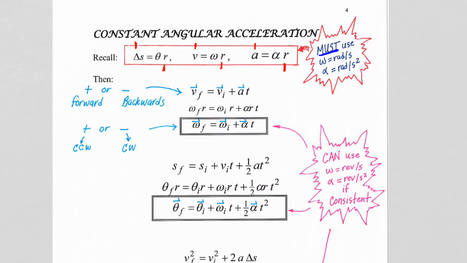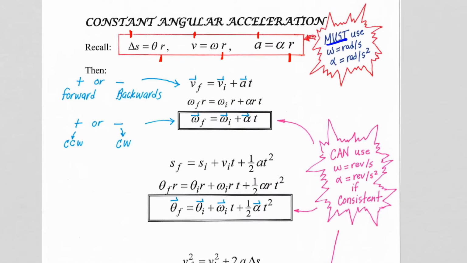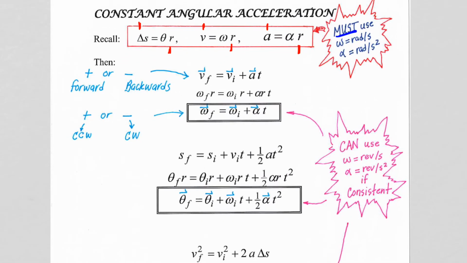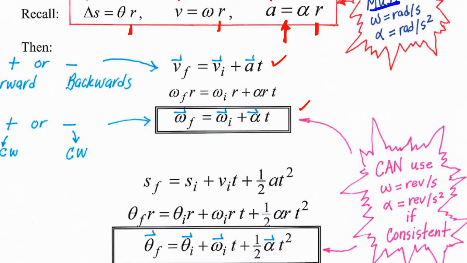Now, the conversion from the linear to the angular is very easy now that we have our equations to transform between the two. With these transformation equations between the linear world and the angular world, we can go from our linear equation to our angular equation simply by substituting in, and notice the r's all cancel out.